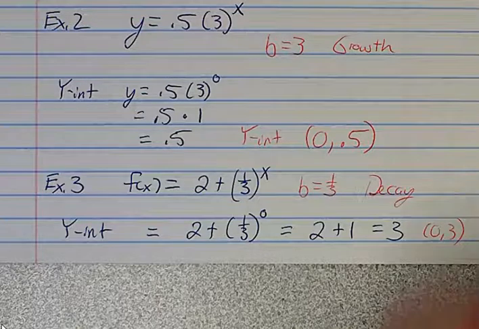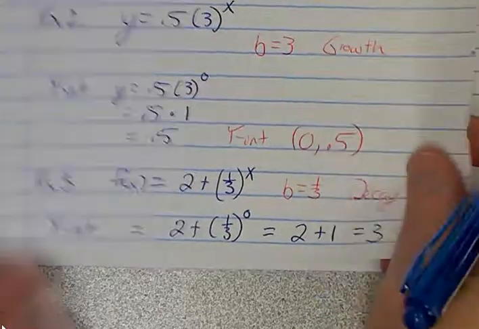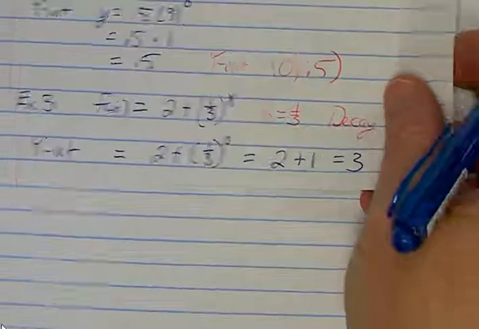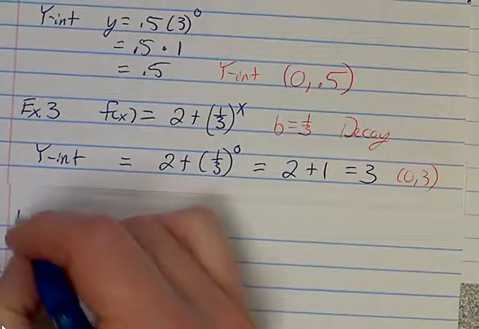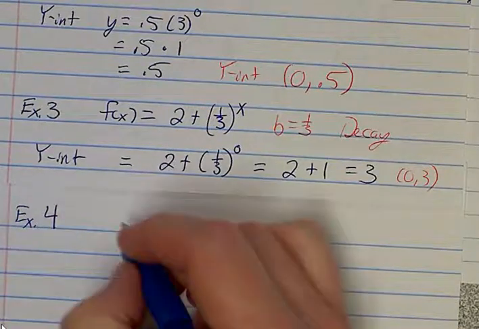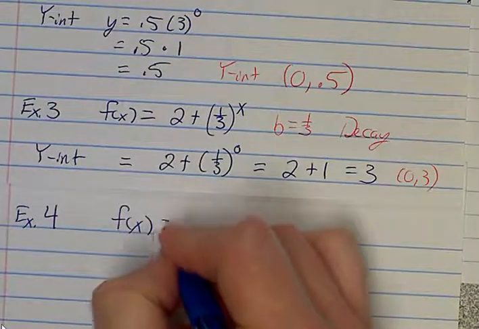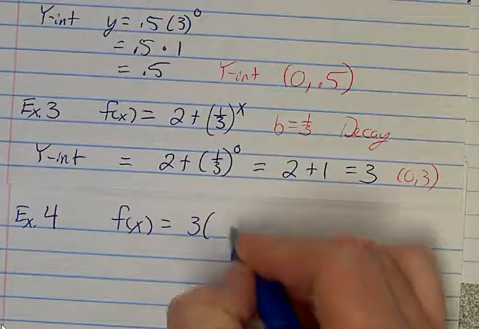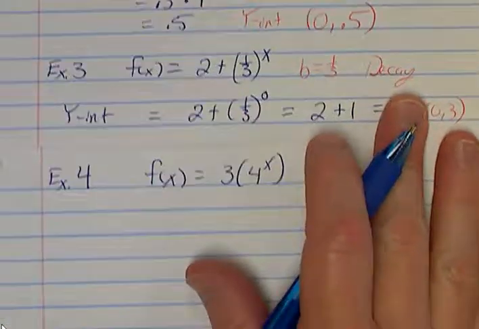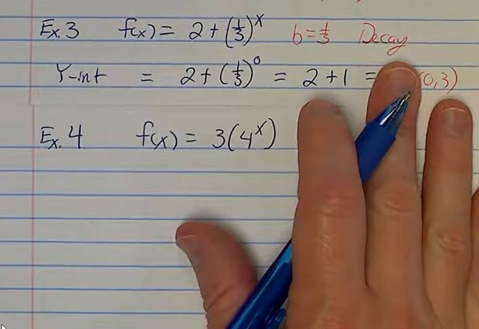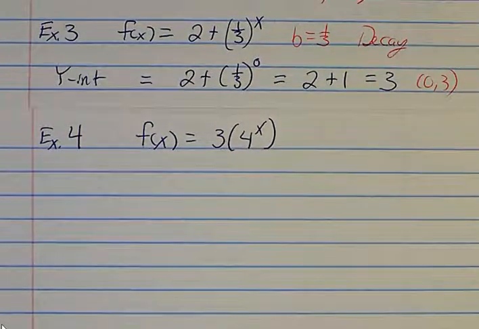All right, one more of those, just to give you one little small different look here. Okay, so for example 4, let's do 3 times 4 to the x power, and this time they put the 4 to the x power in parentheses.